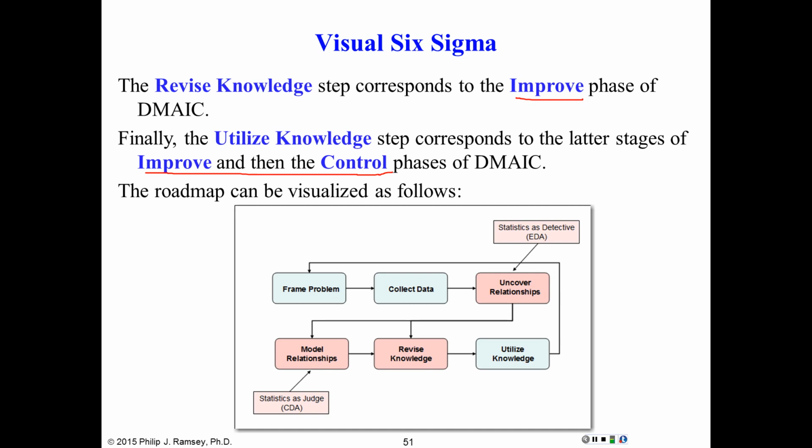In DMAIC, again, this would be similar to the analyze phase, but we find sometimes if you have a lot of data available of good quality, we can really speed up the process and go directly from an exploratory analysis to improve and control, which we call revise knowledge and utilize knowledge.